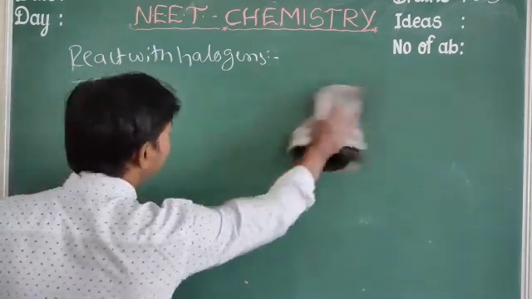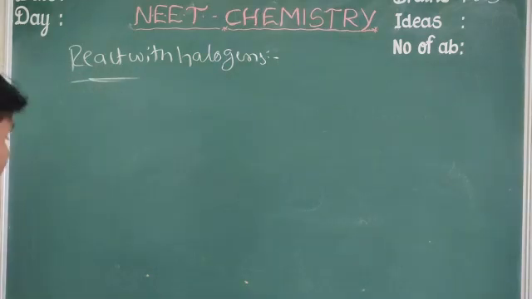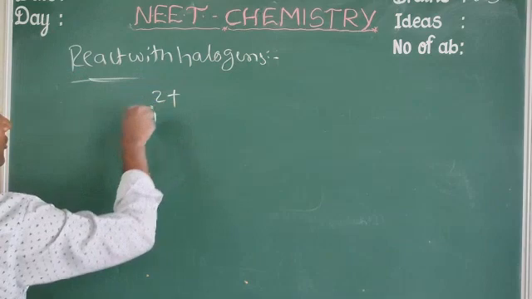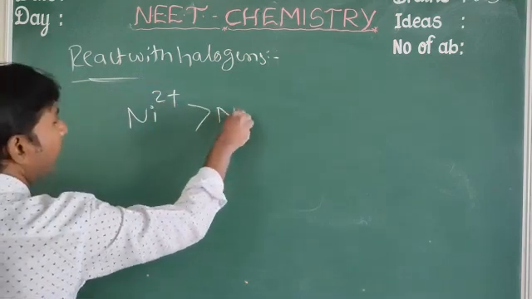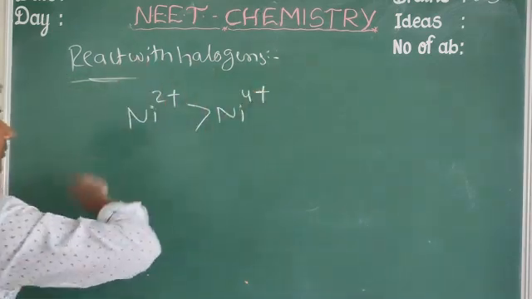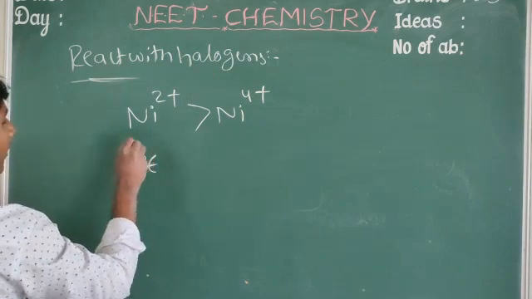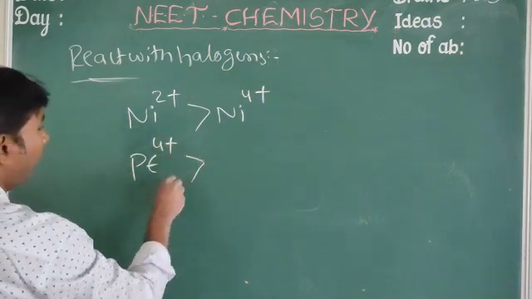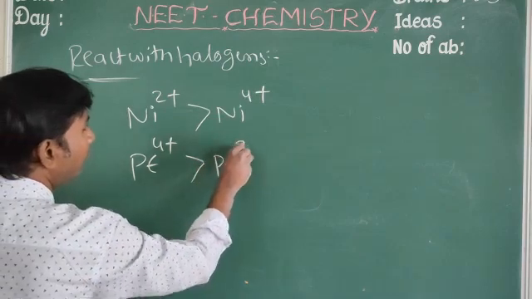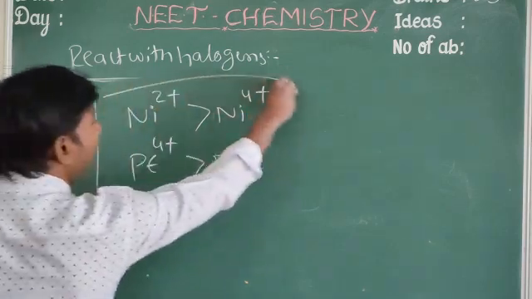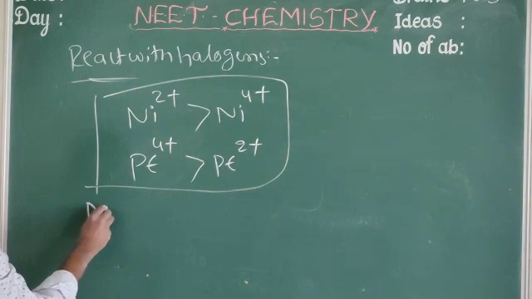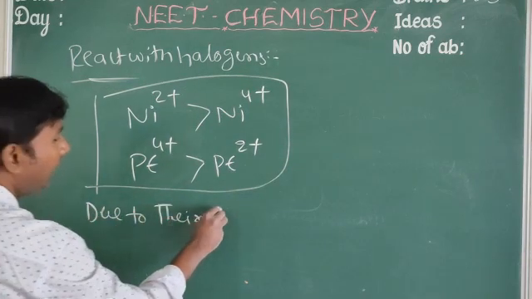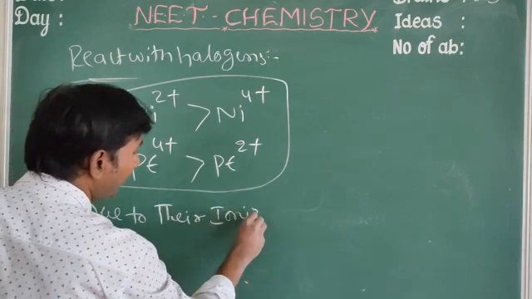Then generally, nickel's stable state is always +2. Platinum's +4 oxidation state is more stable than +2 due to their ionization energy values.